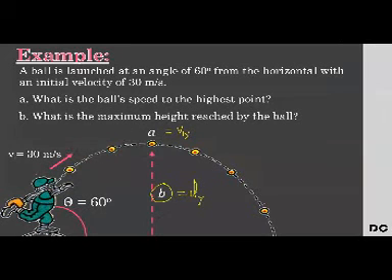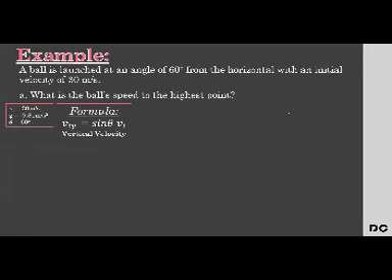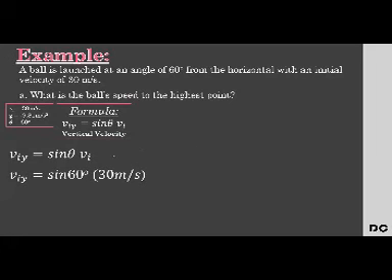That is for the letter A. So first, let us solve for letter A using VIy is equal to sine theta times the initial velocity. Theta is equal to 60 degrees, and the initial velocity is equal to 30 meters per second.